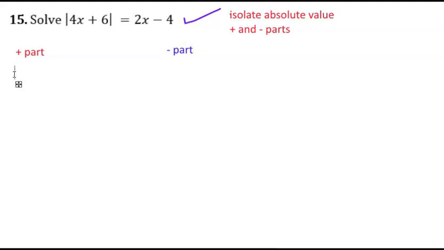So for the positive part, we just take off the absolute value sign and change them into parentheses. We just have 4x plus 6 equals 2x minus 4. That's the positive part. Now for the negative part, we have to put those parentheses back on there. We have negative parentheses 4x plus 6 equals 2x minus 4.